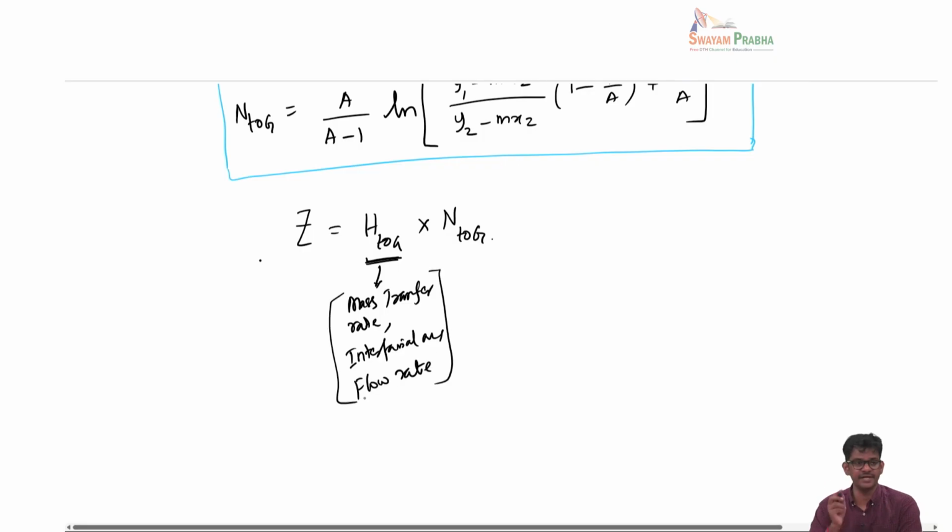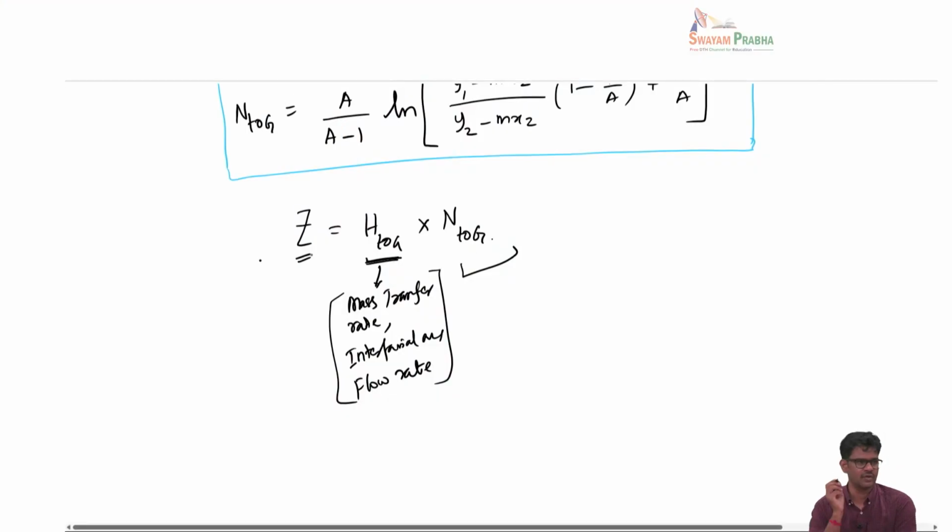All these variables enter the calculation of the height of the column through the height of a transfer unit, whereas the equilibrium line and operating line properties enter through the number of transfer units term. Whenever you design the column height, you calculate the HTU and then you calculate the NTU. The product of that determines the total height of the column.